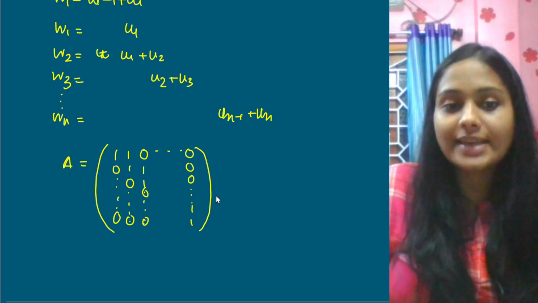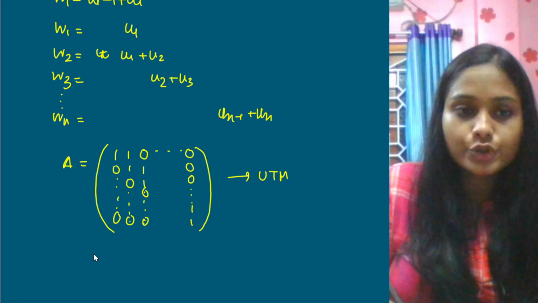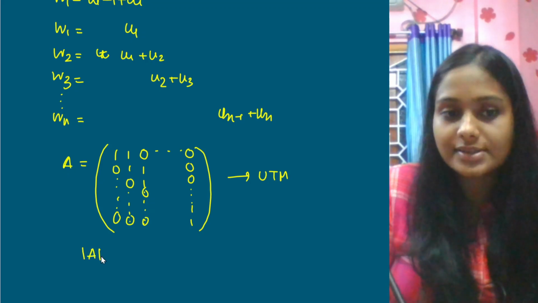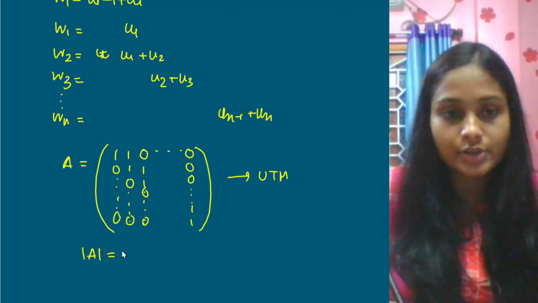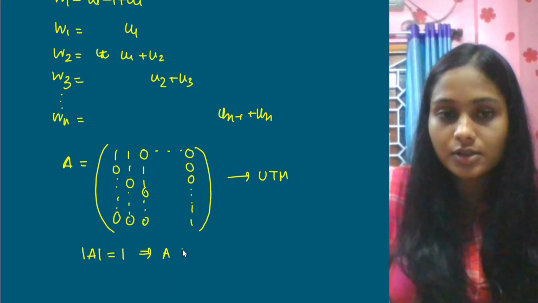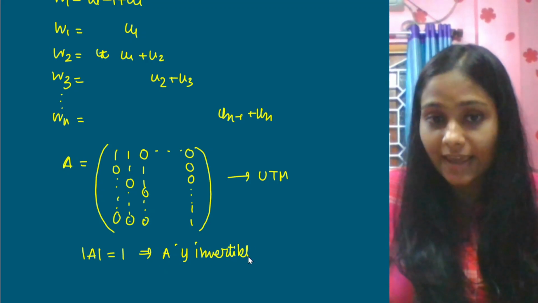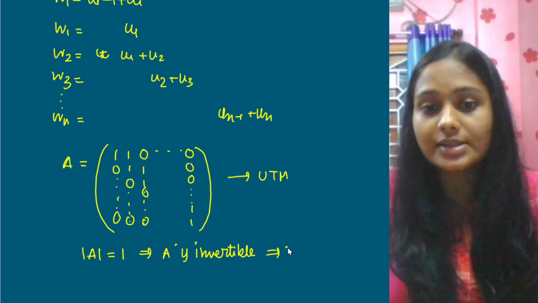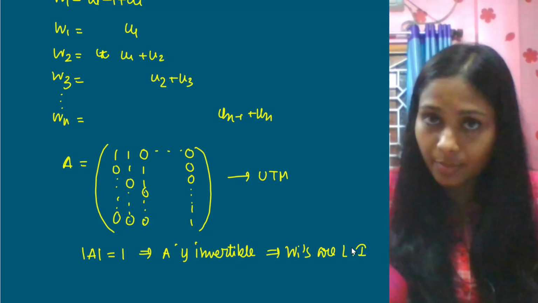So this A is an upper triangular matrix. In case of an upper triangular matrix, the determinant is the multiplication of its diagonal elements. So here the determinant is 1. So A is always invertible, and since A is invertible, these Wi's are always linearly independent.